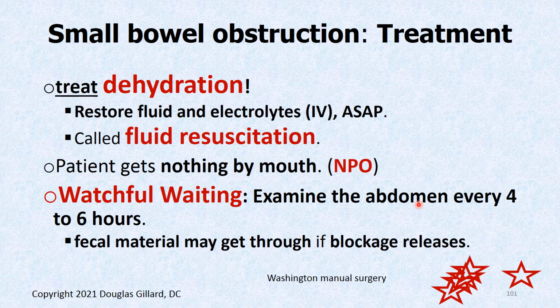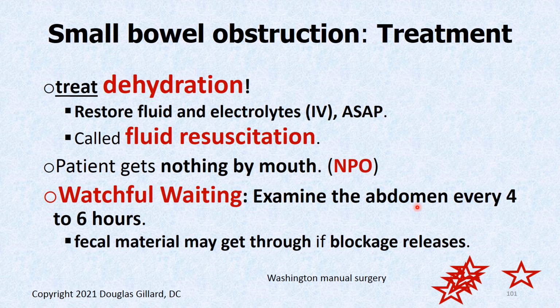How do you treat a small bowel obstruction? Well, in the ER, they'll treat you for the dehydration. So fluid resuscitation, you won't eat any food, you don't want to feed that bacteria anything, and you just watch to see if your body can push through. Maybe the peristalsis can eventually push through, or the beaver dam will break down, the bacteria will chew up. If it's a fecal beaver dam, maybe the bacteria will finally eat away the fecal material enough to get you going again.